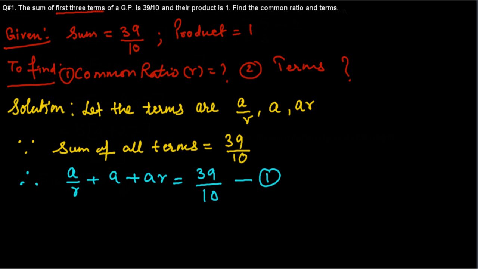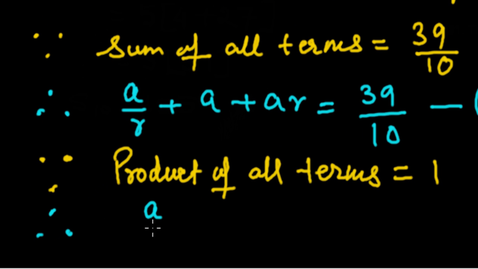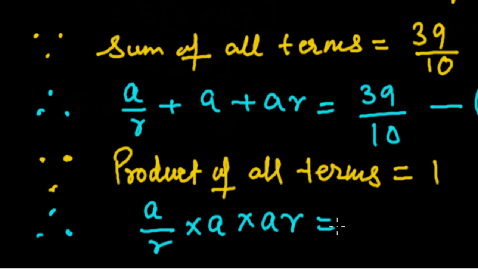Again, because the product of all terms is equal to 1, therefore A upon R into A into AR is equal to 1.